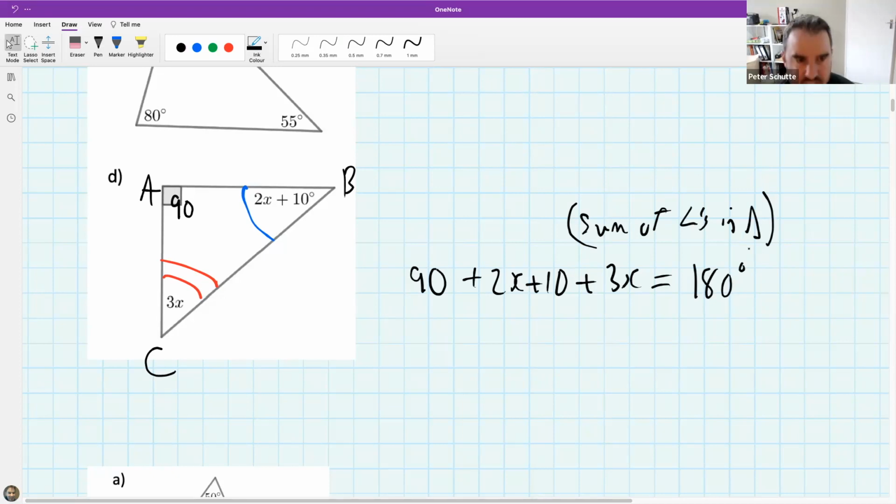So I think the key step is to know that this is equal to 180. And then how do we work with that to help us?